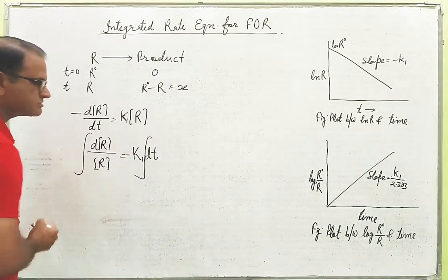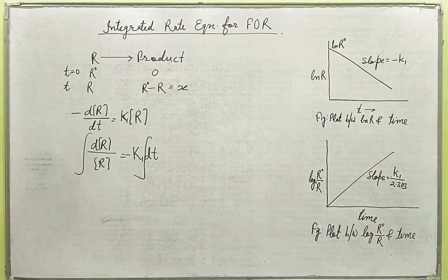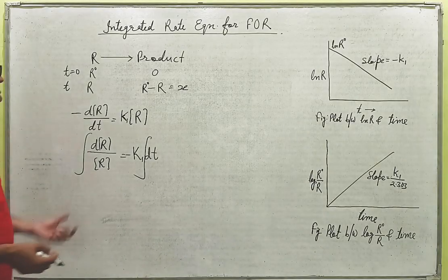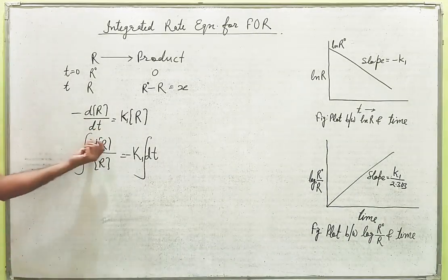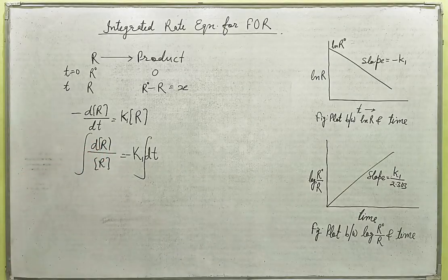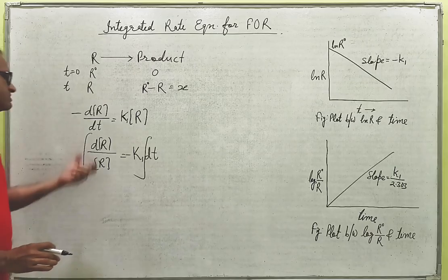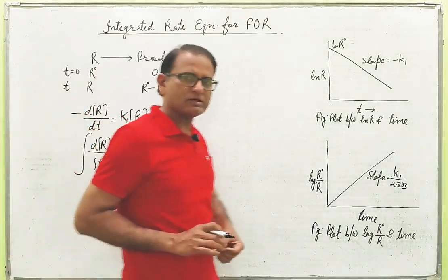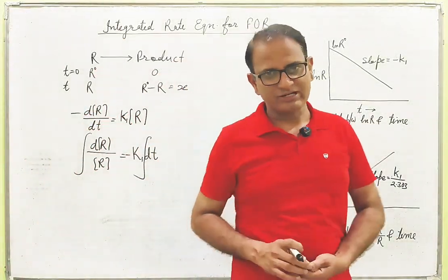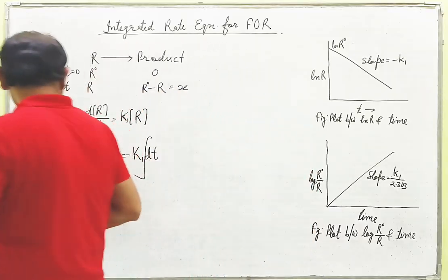So integrating this equation, what we get is integration of dR upon R is equal to minus k1 integration of dt. Integration is done for the variable values; for constant there is no integration.